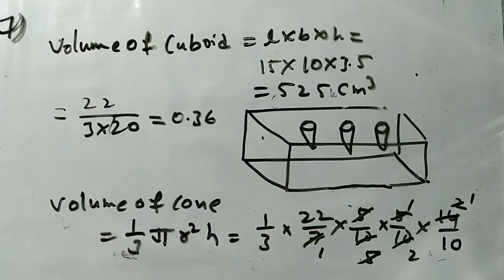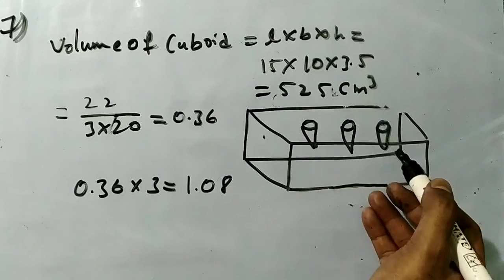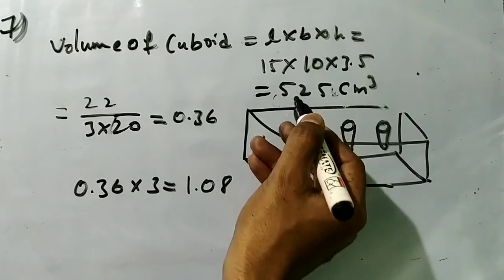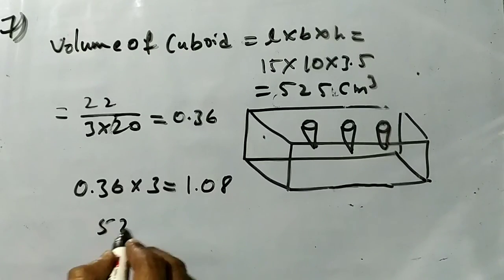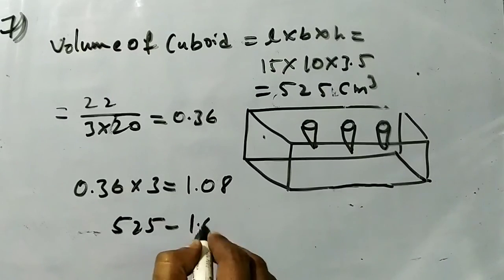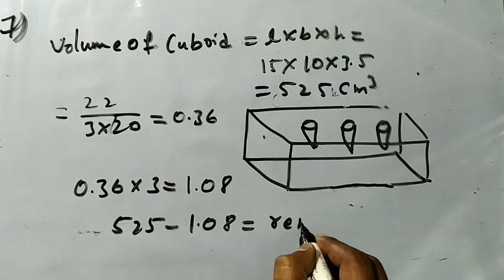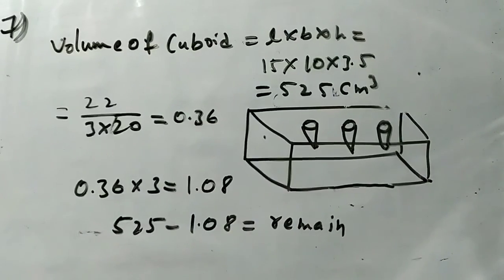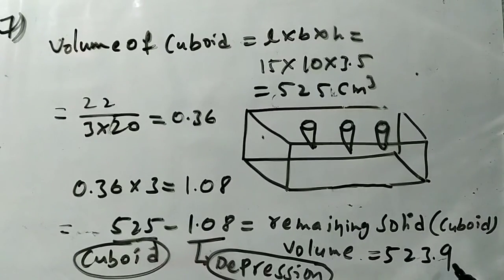Just multiply with 3, so 1.08 is the volume of the 3 depressions. Just subtract this value from the volume of the cuboid. We get 525 minus 1.08, that is the remaining solid volume. So the remaining solid volume is 523.9 centimeter cube, because it is volume.